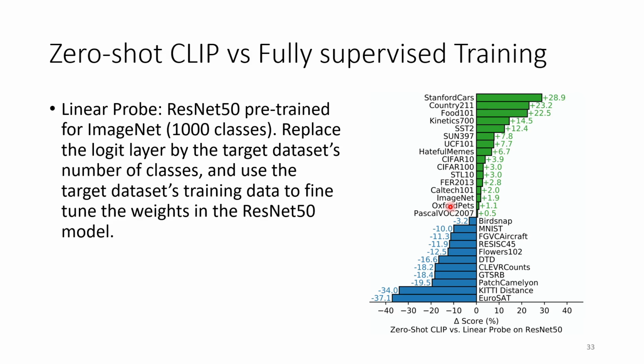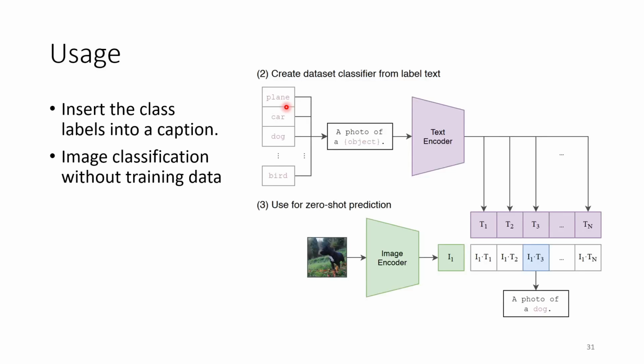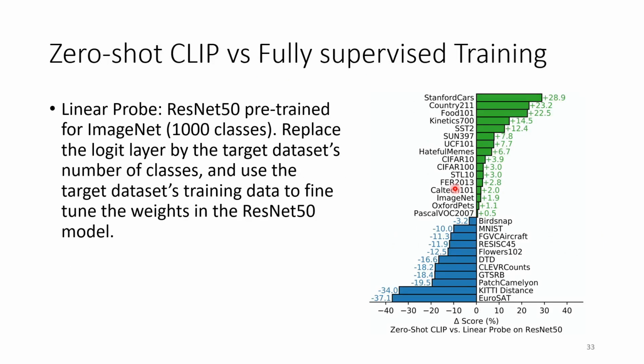What I want to say is, now they use the 400 million images to train the transformation matrix.